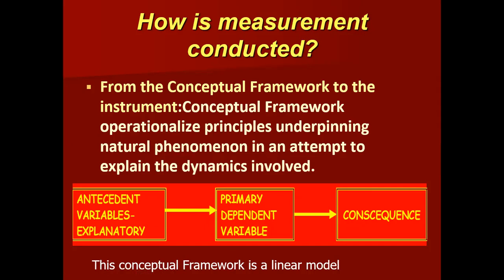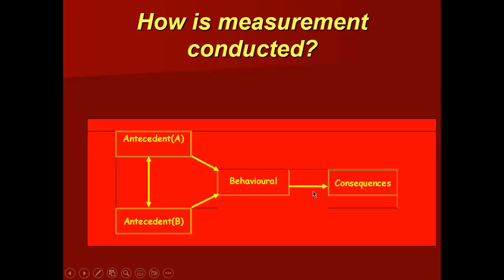Research attempts to understand why it is happening. And further, the research needs to explain how, elucidating the dynamics of the problem phenomenon. All right, so research is not simply answering the question, what is happening? Research further explains why and how these things are happening.